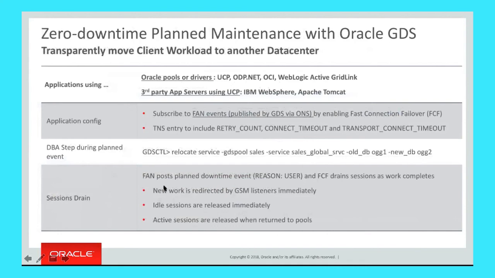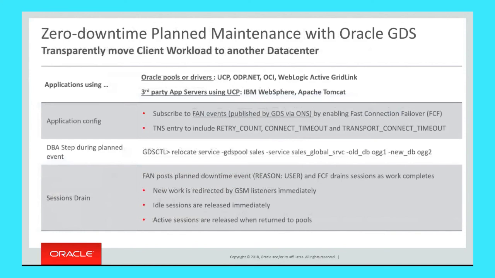So in this example, when you run the relocate command, the same scenario happens. The FAN event is published to the connection pools, and then fast connection failover drains the sessions gracefully, right? As part of the FCF, your new workload again is redirected by GSM listeners immediately. Idle sessions, of course, are cleansed out.